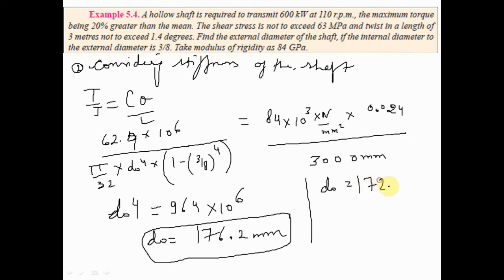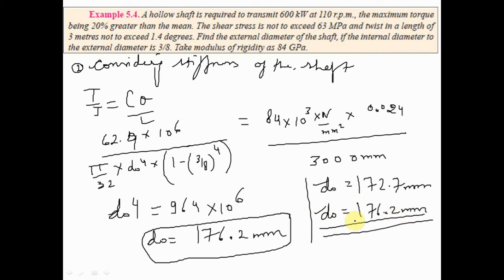So from the first criteria, considering strength of the shaft, we got d outer value as 172.7 millimeters, and using this criteria, considering stiffness of the shaft, we got outer diameter as 176.2 millimeters. So finally, we got these values based on respective criterias, but we have to finally design the shaft based on the outer diameter 176.2 millimeters in order to satisfy both the criterias.